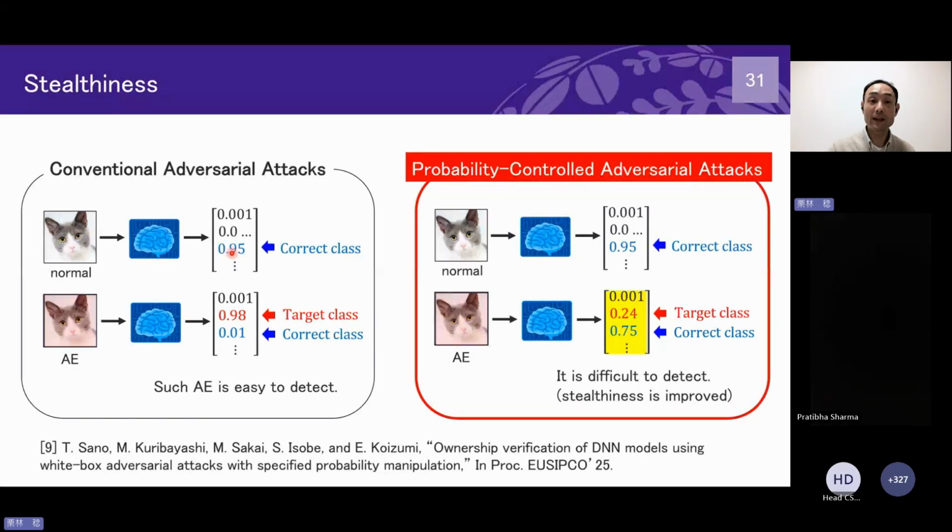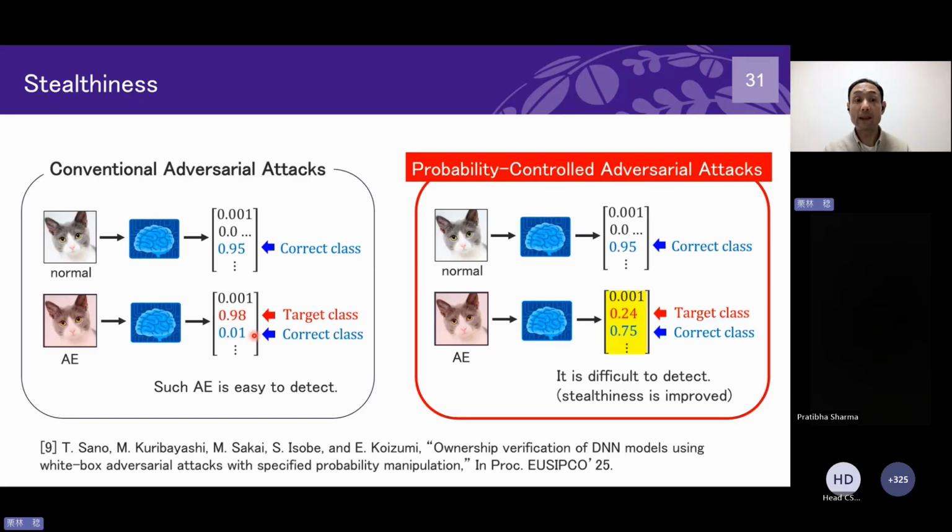So, for example, in this case, the cat class has a high probability for the normal image. So the correct class probability is very high. By adding noise to create the adversarial example, then, for example, the dog class becomes higher, and the correct class, the cat class, becomes lower.